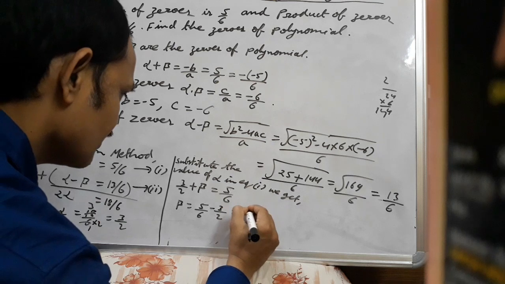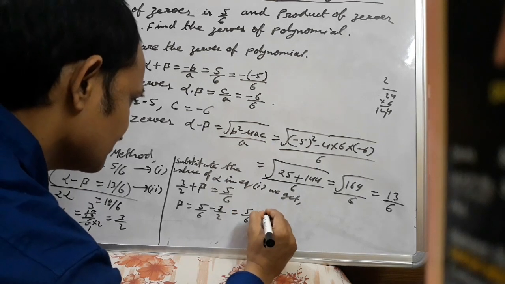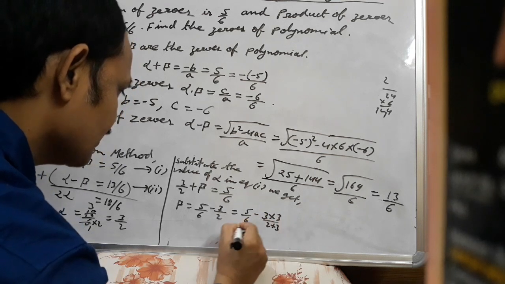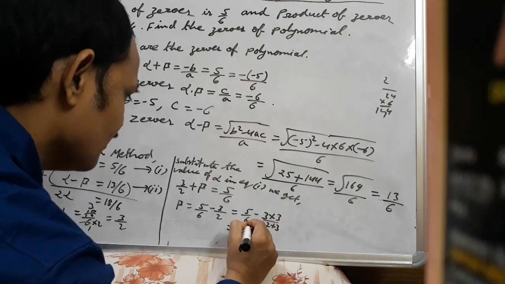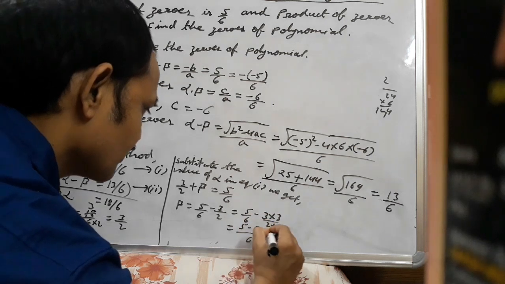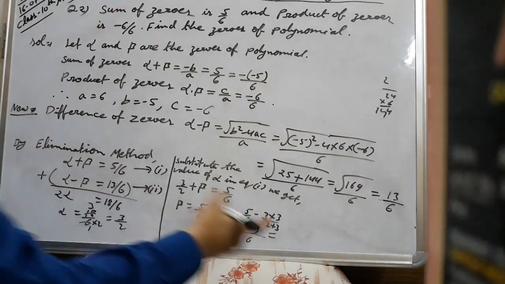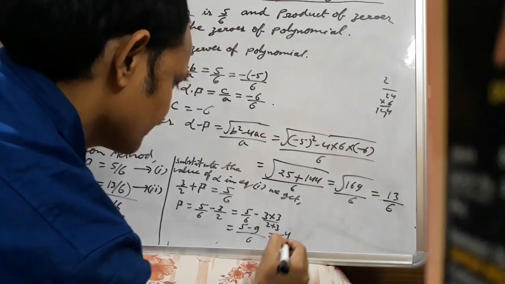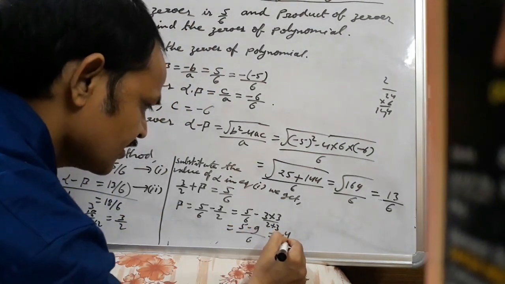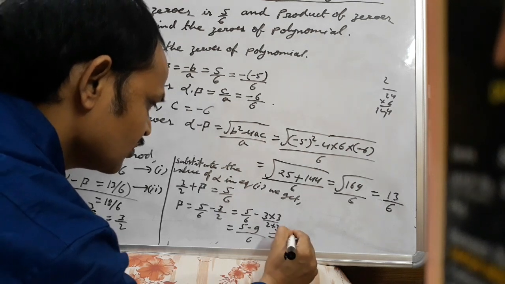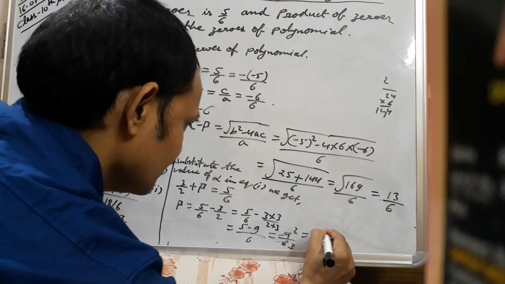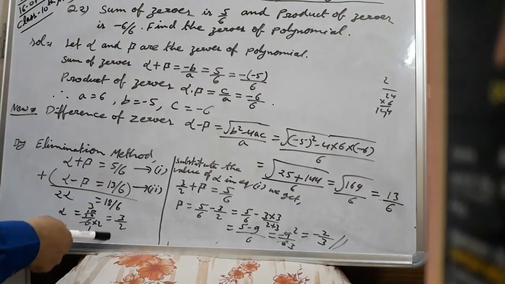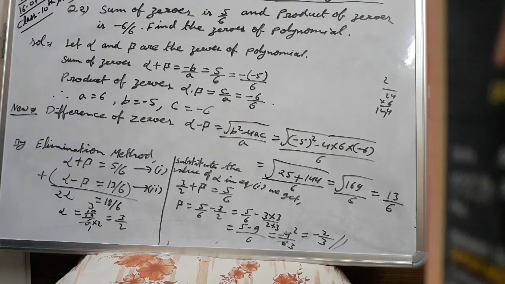What will you get? 5 by 6 minus 3 into 3, 2 into 3. 6 common, 5 minus 9, then what will you get? Minus 4 by 6. Again cancel it: 2 3s are 6, 2 2s are 4. You will get minus 2 by 3. Hence zeros are 3 by 2 and minus 2 by 3.